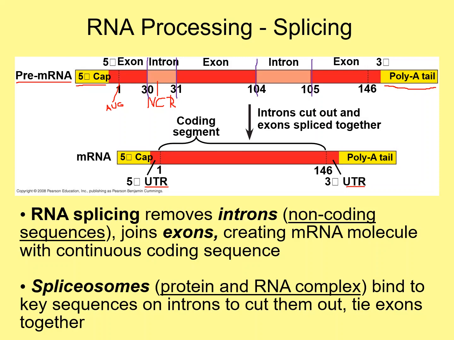And this is the sequence, these are the instructions that are going to be read by the ribosome and made into protein. So that's our final mRNA molecule. I know, it makes absolutely no sense. So we actually take the introns out and leave the exons in. I know, your head probably wants to explode at this moment. I apologize. I didn't name the thing.